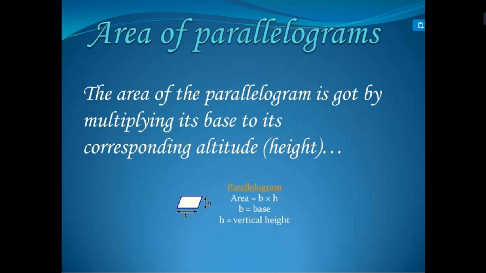Now area of parallelogram. Area of a parallelogram is got by multiplying its base by its corresponding altitude. So if we draw a parallelogram ABCD, now if I draw one height here, I write M. So DM is equal to height, or we can say altitude, and AB is base.